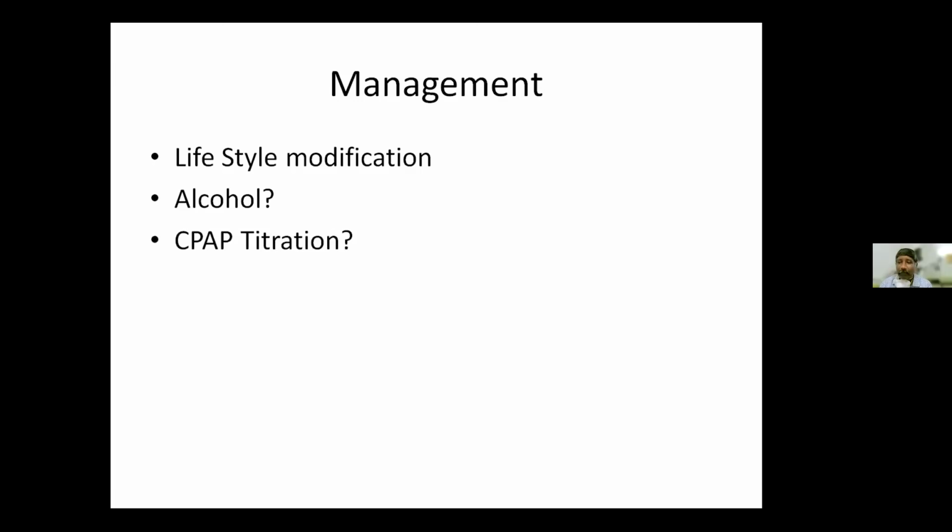Fine. So the only reason I have put the findings of DISE before starting this discussion on management is that he is from outside the state, he wants to know really what is happening in his airway, and before putting CPAP on him, he wants to evaluate his airway, whether there is any other option.